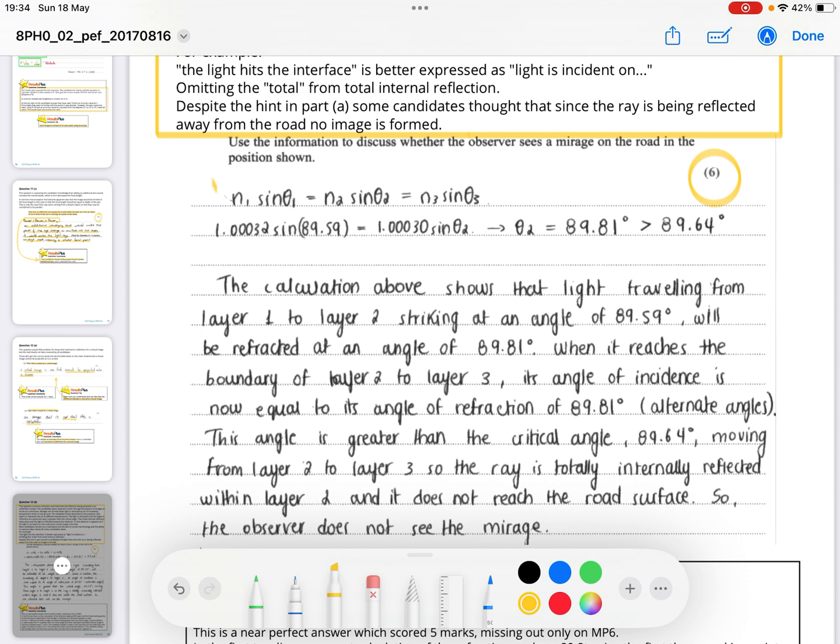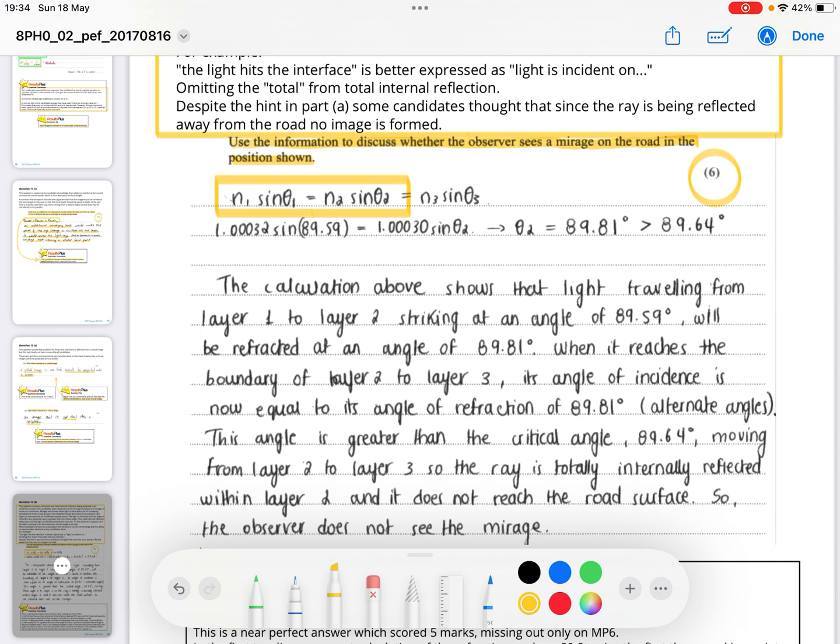So you're going to have to use this equation at one stage. It says use the information provided in the question as to whether the observer sees a mirage in the position below. And it's 6 marks.